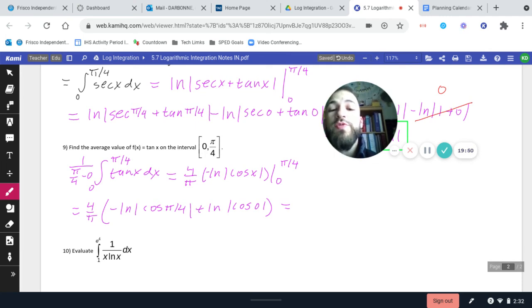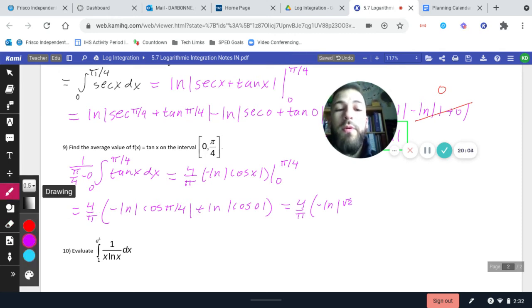Cosine of pi over 4 is root 2 over 2. So I get 4 over pi times negative natural log of the absolute value of root 2 over 2, plus the natural log of the absolute value of 1.